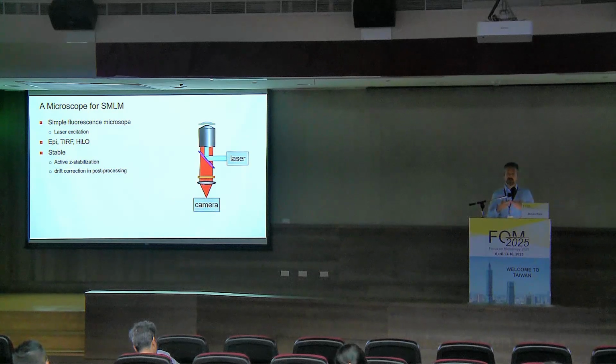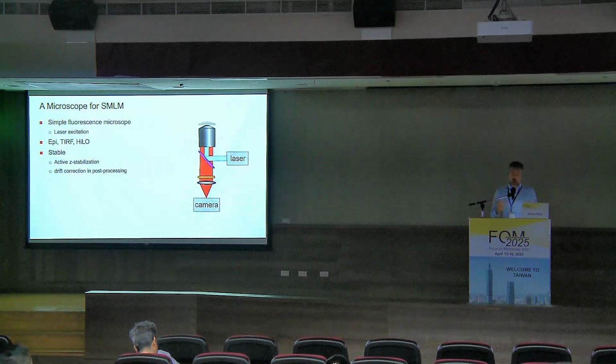I think this is really required, because otherwise Z drifts at some point make you lose the area of interest altogether, because you get out of focus. But also any Z drift can lead to XY drifts that are not homogeneous across the field of view, because the point spread functions might be slightly different. So I think Z stabilization is really required for good localization microscopy measurements, but XY drifts can then often be corrected in post-processing, so one doesn't need active stabilization there.